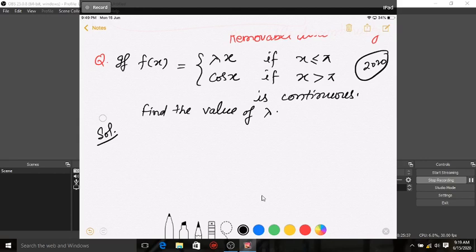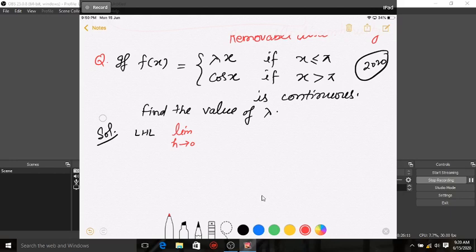So we have already discussed that a function is continuous if left hand limit equals to right hand limit and also equals to value of the function. So first of all we are going to find left hand limit. Now you can see the function is discussed at x equals to pi or greater than pi or less than pi. So we will find the limits on x equal to pi.